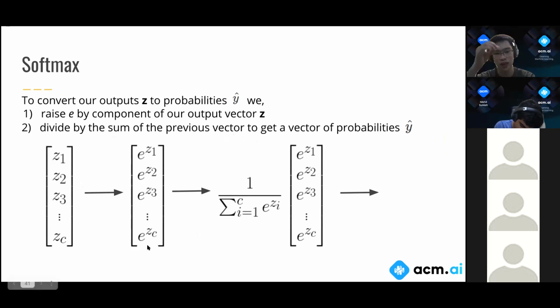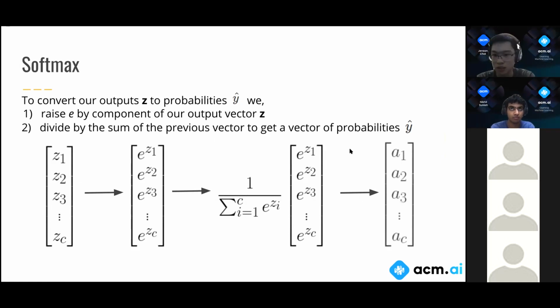So we normalize this vector by dividing by the sum of the previous vector. Now we have a vector of probabilities, and all the elements add up to 1 because we're dividing by this term. This is the final output for y hat.